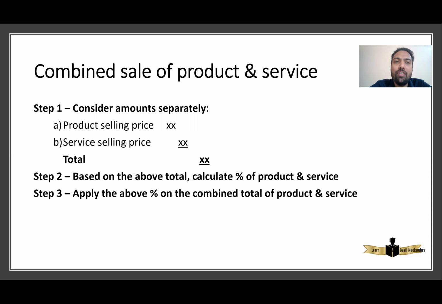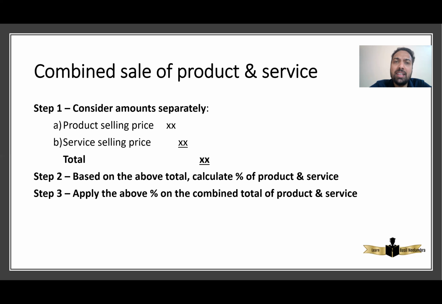So for combined sale of product and service, there are 3 steps to find out the answer. Step number 1, consider the amount separately. That is, how much is the selling price of the product? How much is the selling price of the service? And if you add both, what is the total amount?